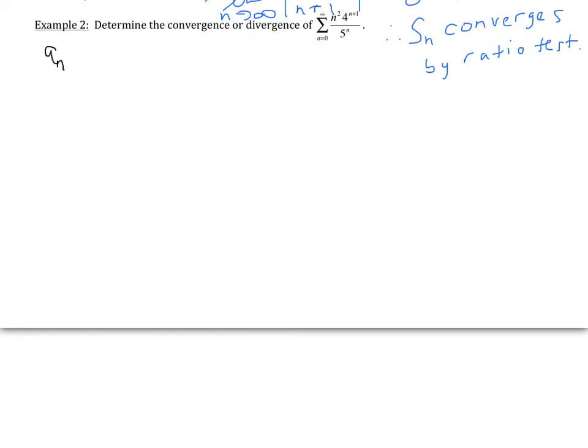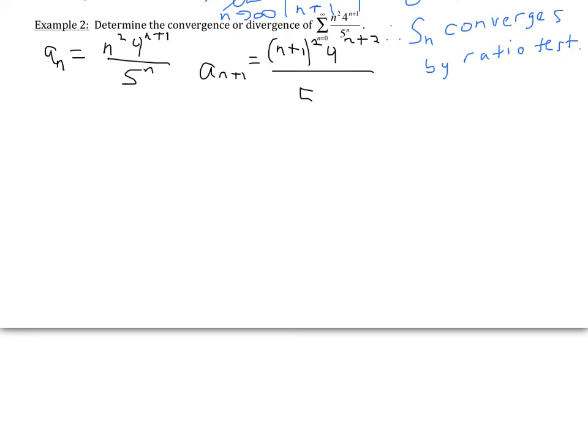So a sub n is going to be n squared 4 to the n plus 1 over 5 to the n, and a sub n plus 1 will be n plus 1 squared 4 to the n plus 1 plus 1, so that's going to be 4 to the n plus 2 over 5 to the n plus 1.